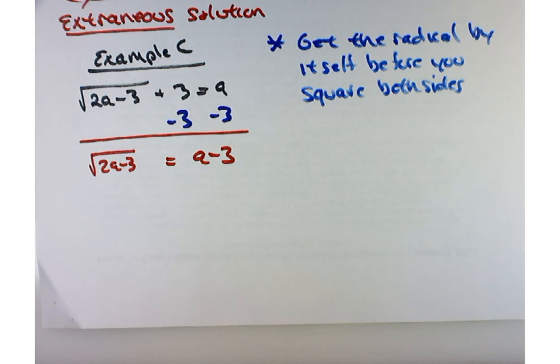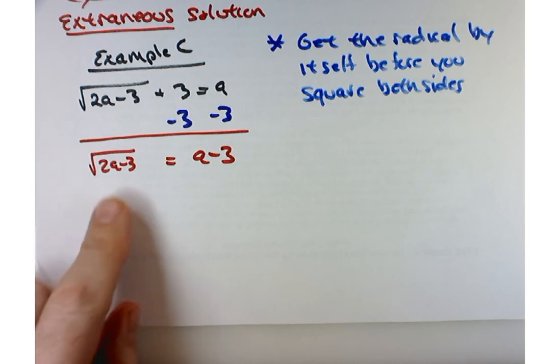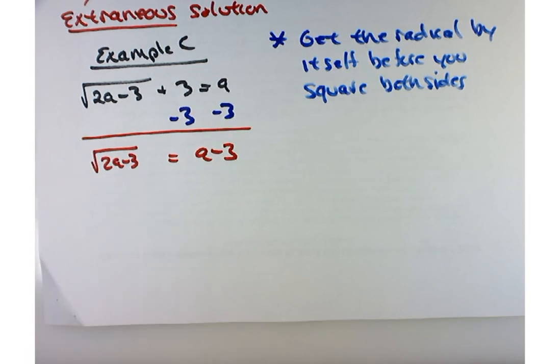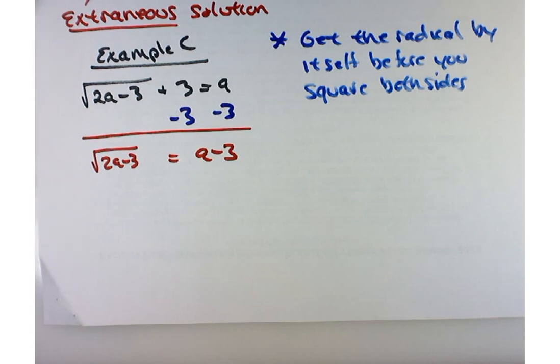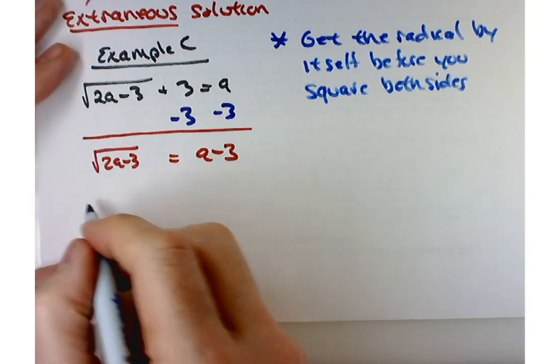Then what can I do after that? Well, I need to get the a by itself somehow. Right now I've got a on both sides, but in particular my big problem is that I got that a underneath the radical.